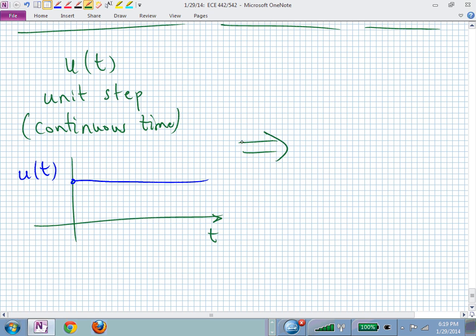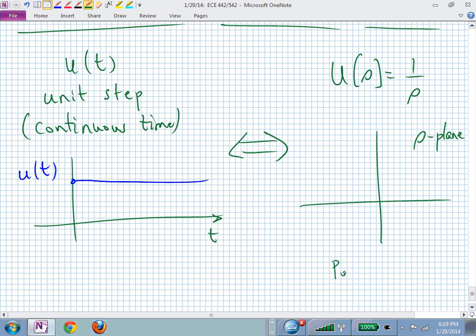Now, if we transform that, what's the Laplace transform of the unit step? 1 over s, isn't it? So now we could sketch a pole zero diagram in the s-plane.